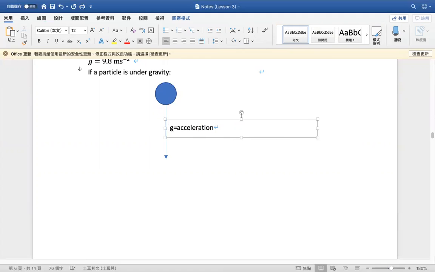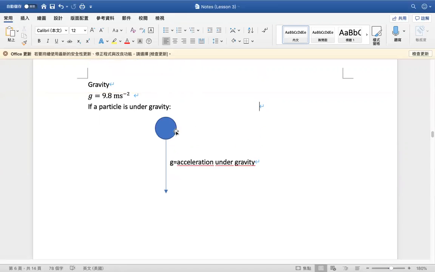And this small g is a very usual notation. So every time people talk about g, you assume that means the acceleration under gravity. Would that be okay? Okay, so that's just something new to us.